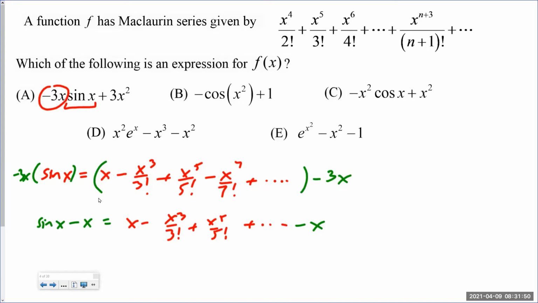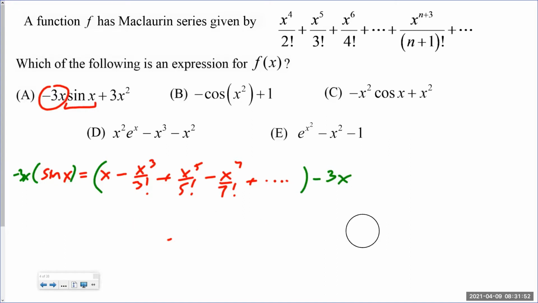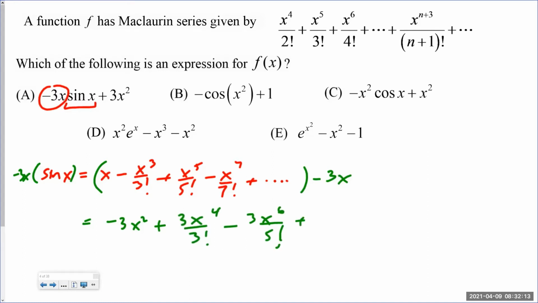All right, so I'm going to multiply every term by negative 3x. So then on the right side, I'll have negative 3x squared, minus 3x times x, you add exponents, minus 3x times x, you add exponents, and then positive x times x, you add exponents.